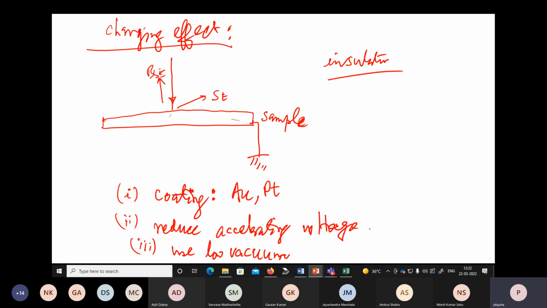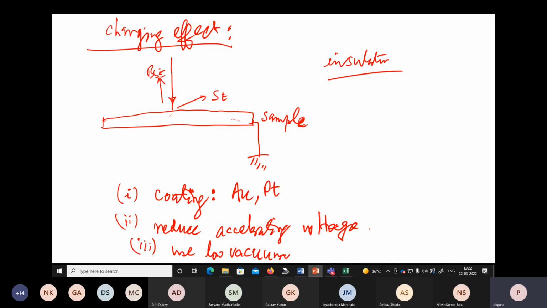When they come in contact with the electron beam they are ionized, and when these ions come close to the specimen, they reduce this negative localized charge and give a better image. So these are different techniques you can adopt.